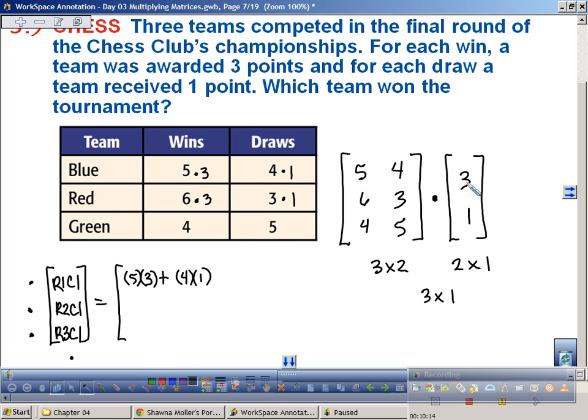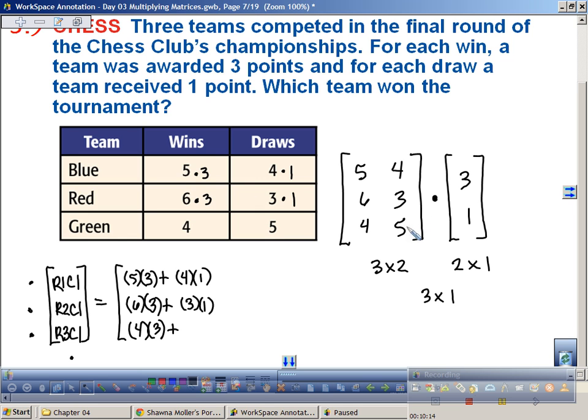So we're multiplying 6 times 3, and we're adding that to 3 times 1. I almost got lost for a second. Finally, 4 times 3. Do you guys see the correlation? Most of you would say it'd be so much easier if you just did it that way.